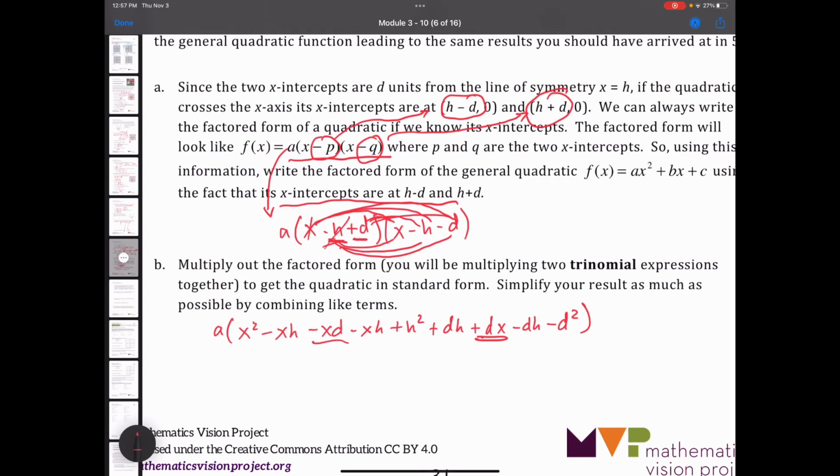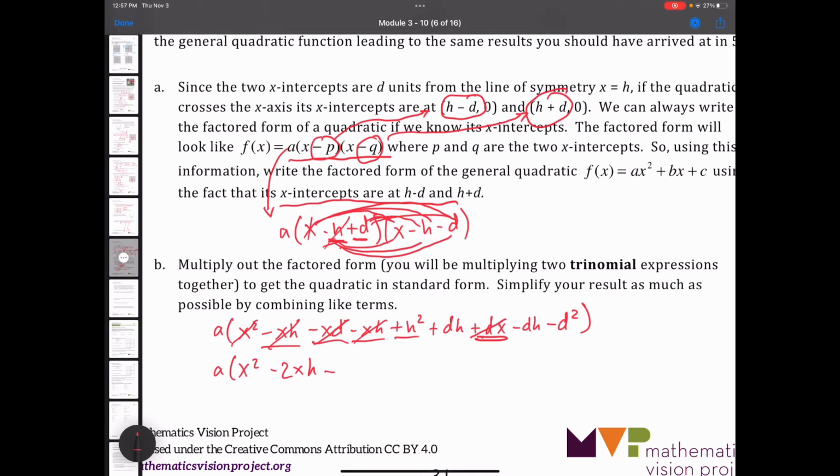So I can actually find like terms in here. X squared is by itself. It doesn't have any other x squareds. Let's see, xh, I have two xh's. I've got negative hx minus xh, so that's negative 2xh. Done with those. And then I've got negative xd and a positive dx, where negative xd plus dx is just 0. So those just cancel each other off.